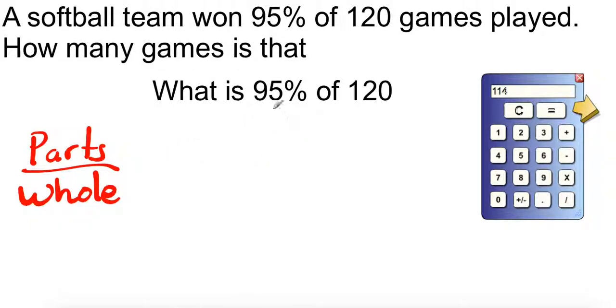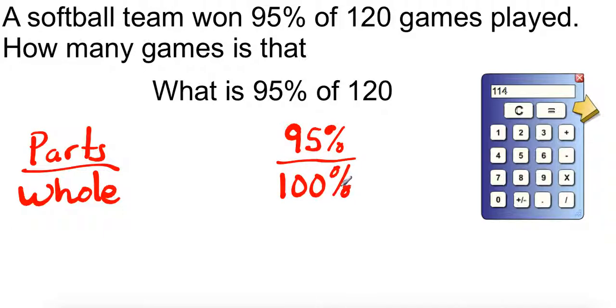As a quick example, we know that 95% is part of 100%. Now, where proportions come in is I know that there is a number that is 95% of 120. I know 120 is 100% of the games that they've played. But I don't know what 95% of 120 is quite yet. So because I don't know what that is, I'm going to leave this as a variable x. And this x represents what 95% of the games are.